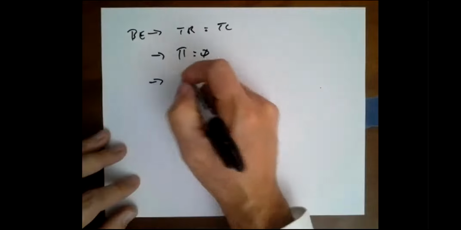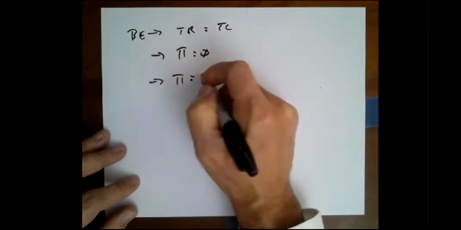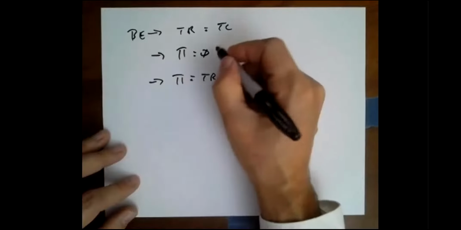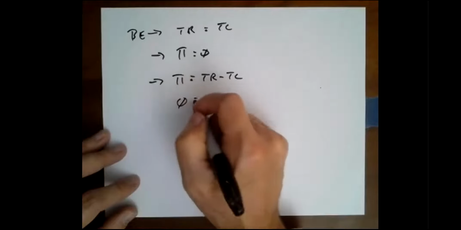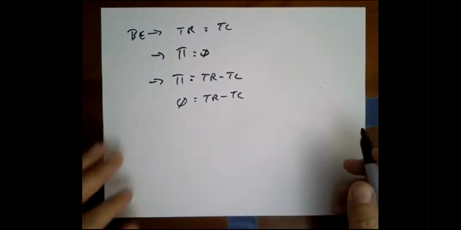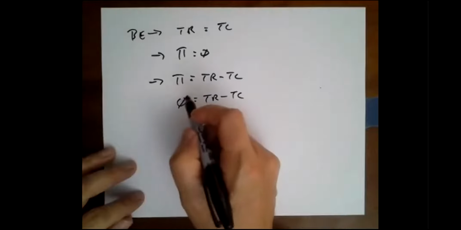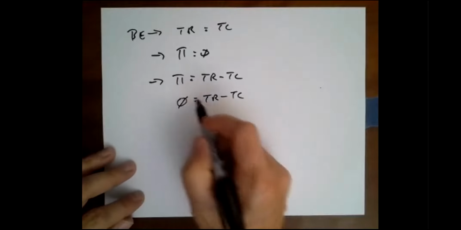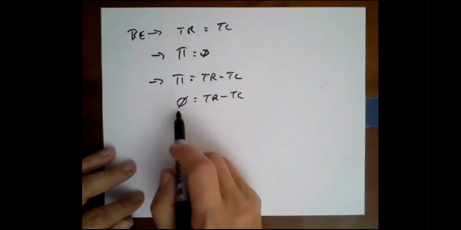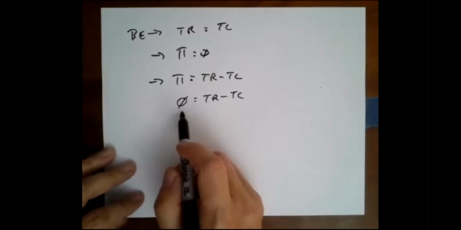So we have our basic profit function, profit equals total revenue minus total cost. We could combine this and say 0 equals total revenue minus total cost, right? And that would tell us that break even is the quantity where profit is equal to 0.